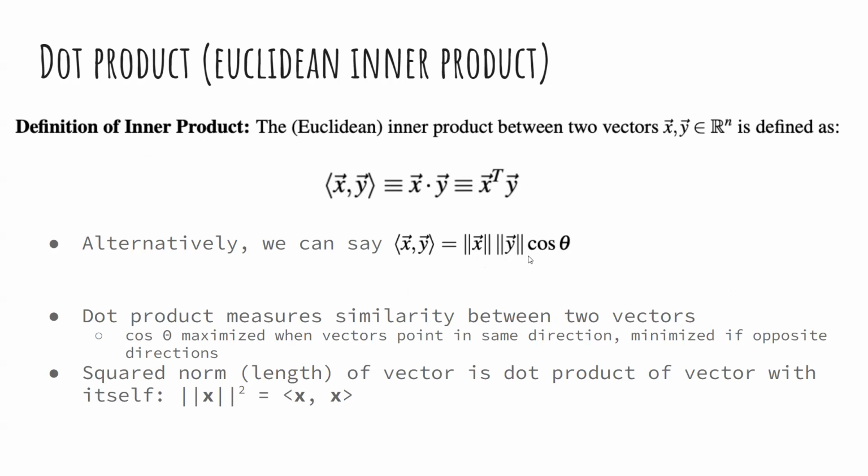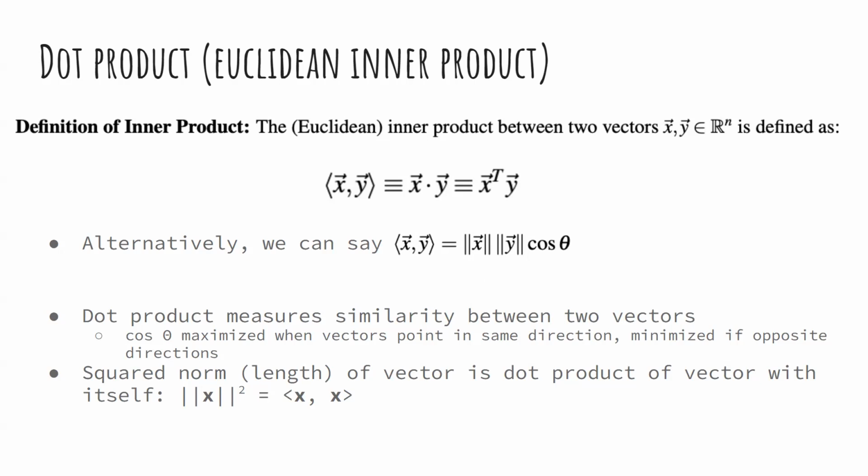So both of these ways can be useful formulas for the dot product, and you want to use them in different applications. So what's the intuition behind dot product? Well, essentially it measures the similarity between two vectors. The reason behind this is that we look at this formula here and we see this cosine theta term. So cosine theta is maximized when two vectors point in the same direction.